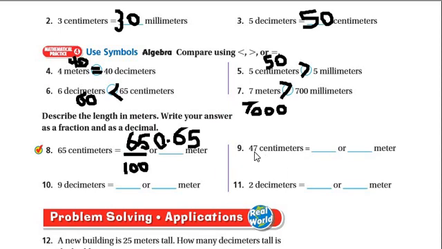Let's do the same here. I have 47 centimeters equals, and we have to convert centimeter to meter. So I write 47, from small to big, we will divide. I'll divide by the same conversion number here. It's 100 because I have 100 centimeters in 1 meter. Okay, this is the fraction form.